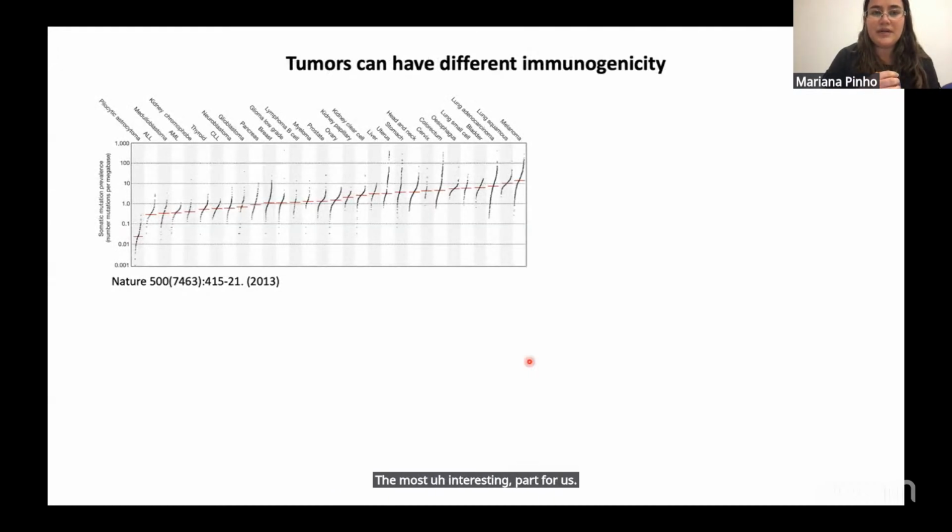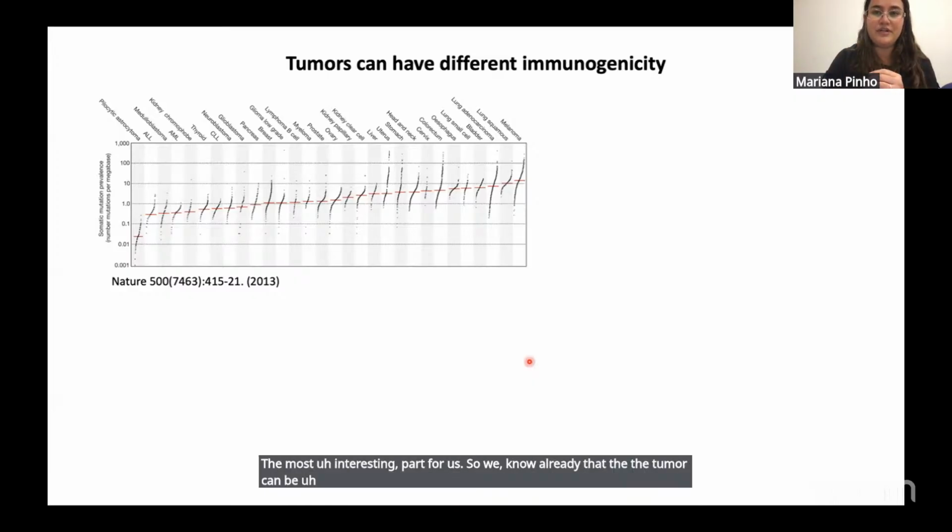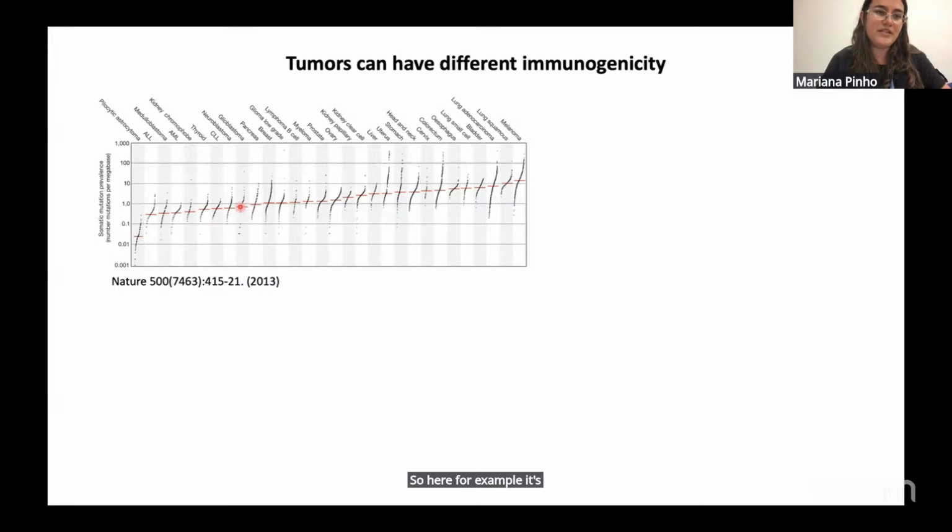We already know that the tumor can have very different immunogenicity depending on where it grows in the body. Here, for example, is the number of somatic mutations per megabase, which gives an indication of how many neoantigens each tumor will have. And you can see how varied it is depending on where the tumor is growing.